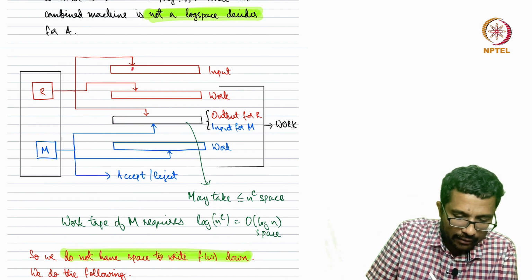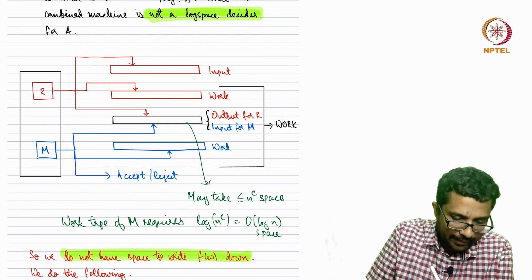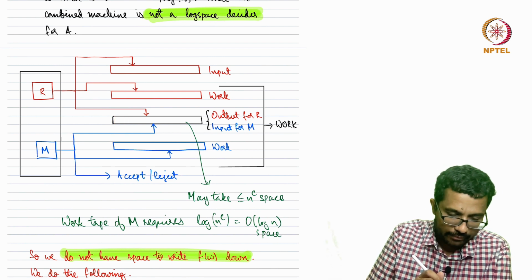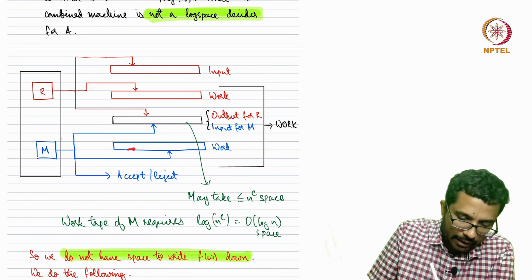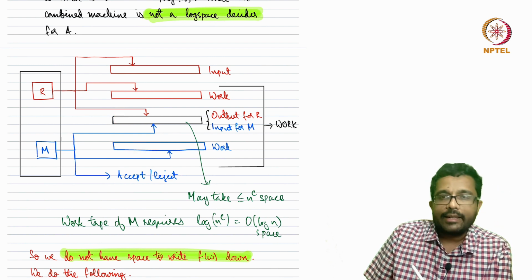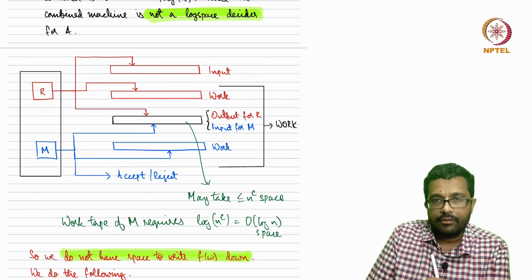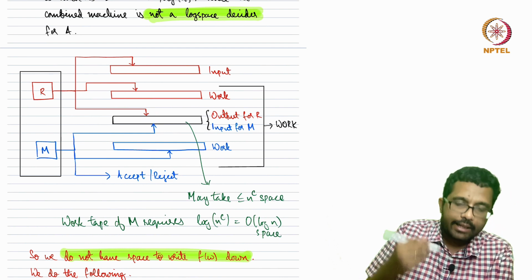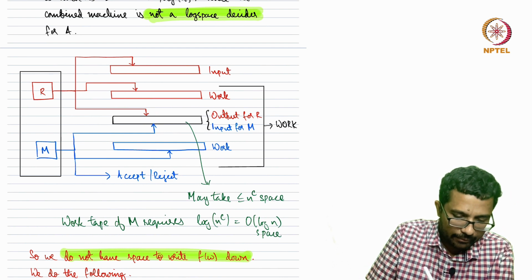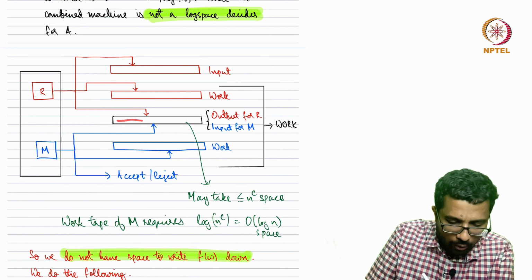Then we start running R. So now the input X is written here. We run R till the point where we output the first symbol of the output, which is the first symbol of the input of M, and then M can continue its execution. Now let's say at some point M needs the 10th symbol of the input, at which point we again restart R. We don't really care about what was output here.